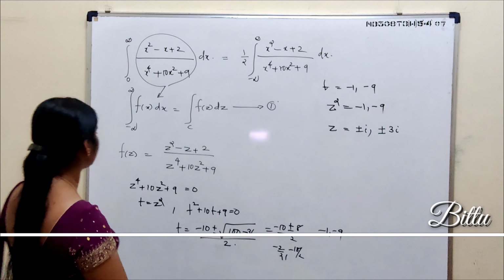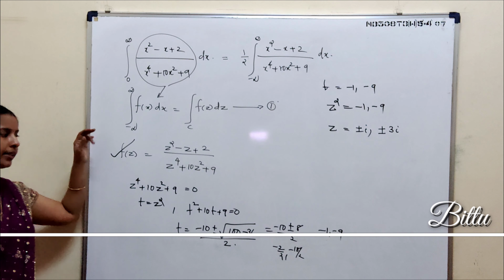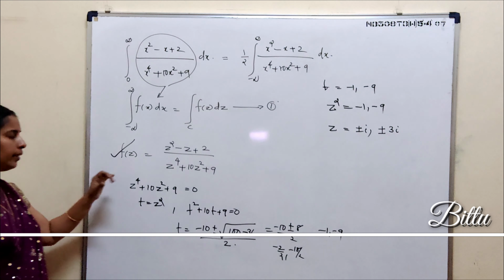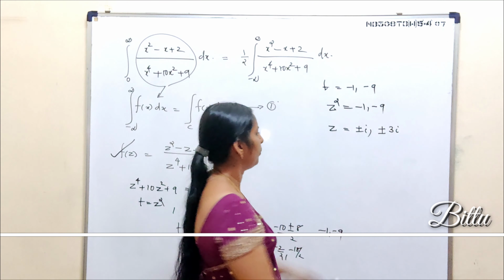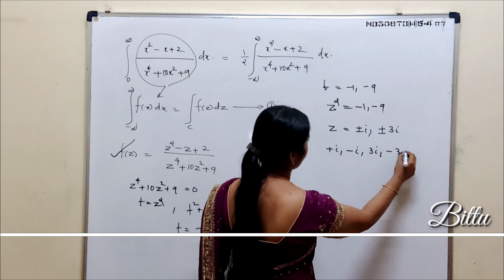So the singularities of f. See, it is a fourth degree expression, so it has 4 singularities, and the 4 singularities are plus i, minus i, 3i, minus 3i.